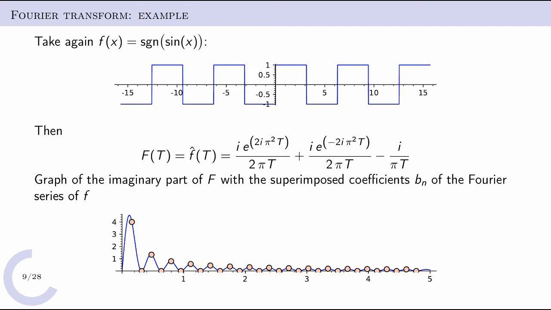The Fourier series just detected discrete values of discrete frequencies, discrete periods of our function, and the Fourier transform described the whole behavior of the function f in the frequency.